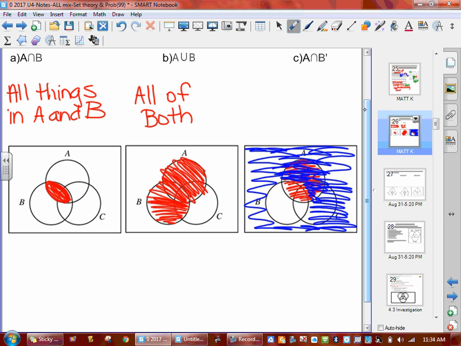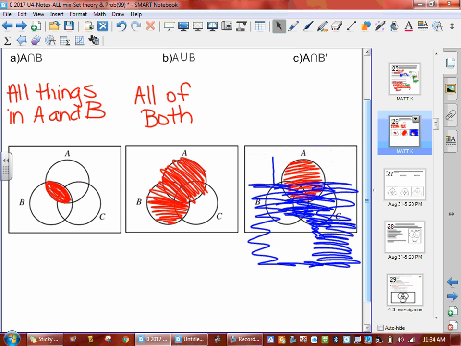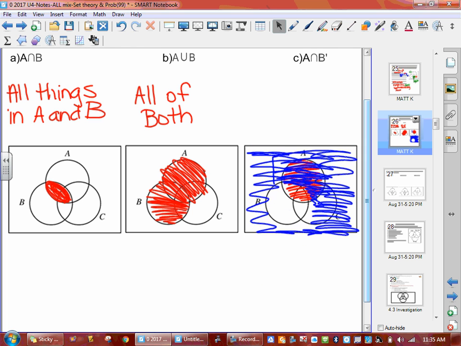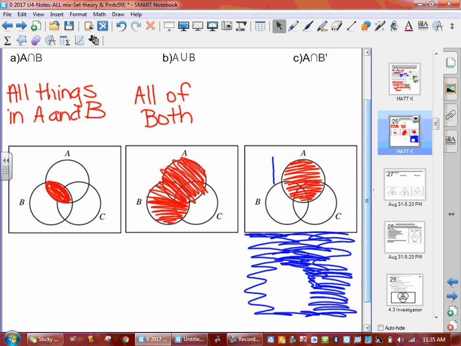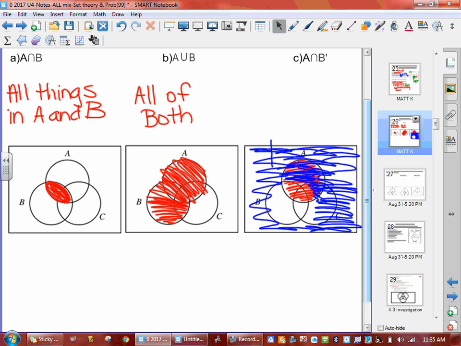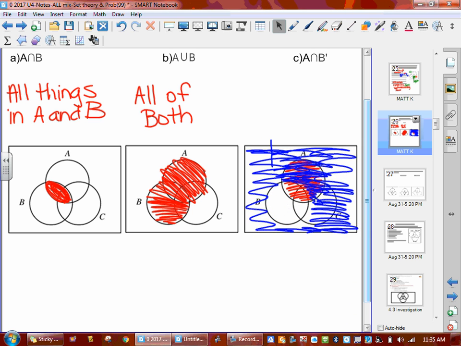So if I took the blue away, I'm just going to take the blue shading away. If I took the blue away, what part of the red was overlapped? What part of A is overlapped? Okay, let me put it in green, darker.